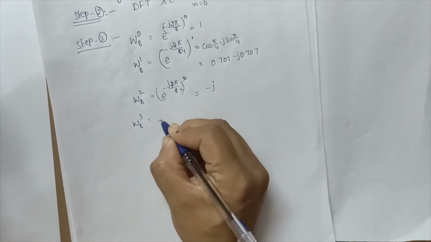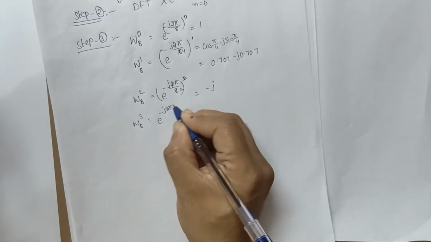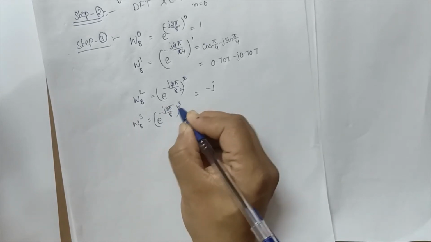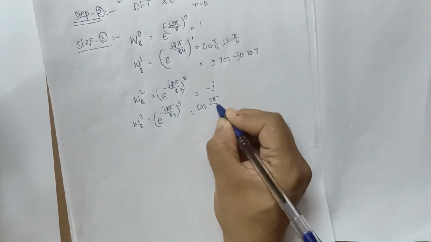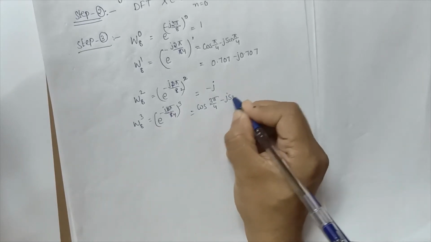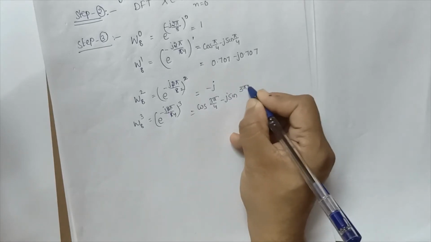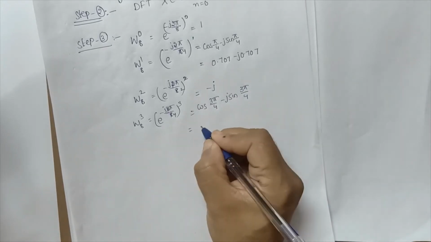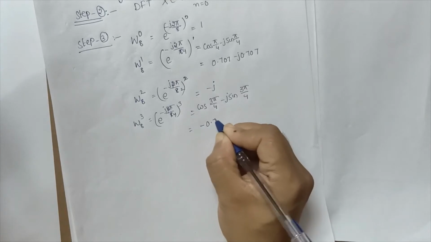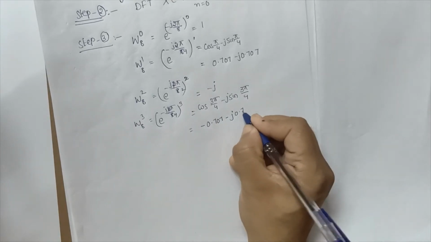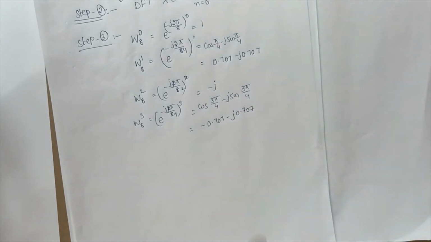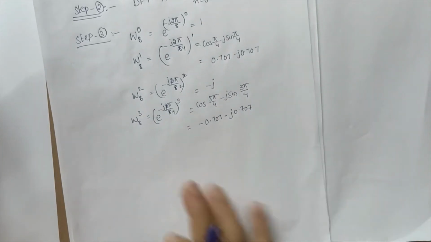Omega 8 cube is equal to e power minus j 2 pi by 8 whole cube, that equals cos 3 pi by 4 minus j sin 3 pi by 4. So the value will be minus 0.707 minus j 0.707. This is step 3.